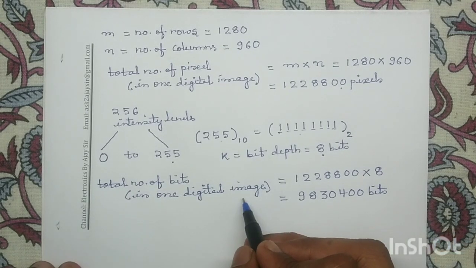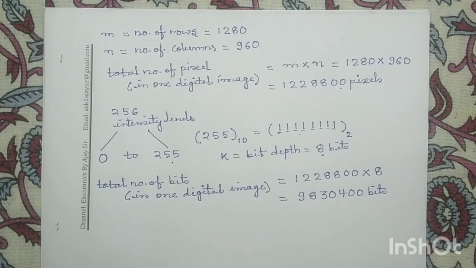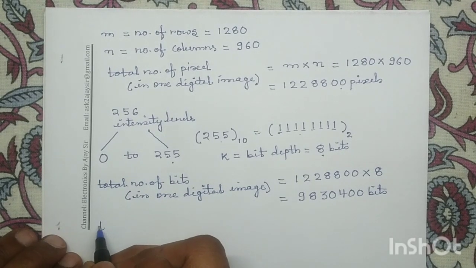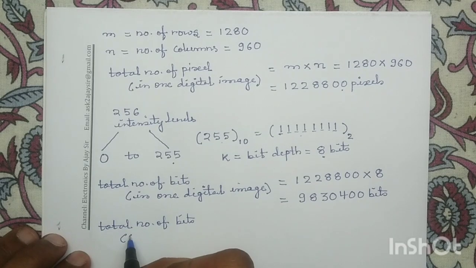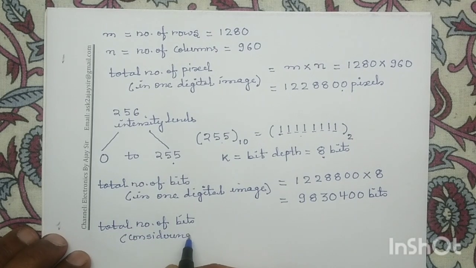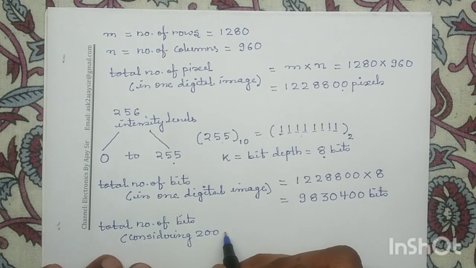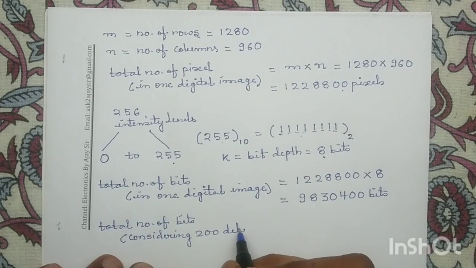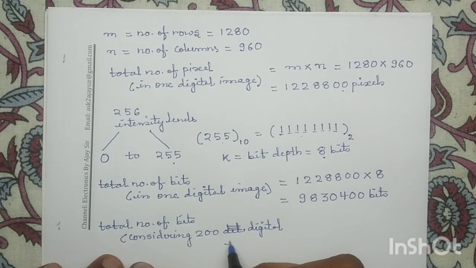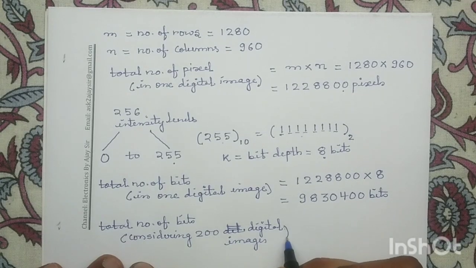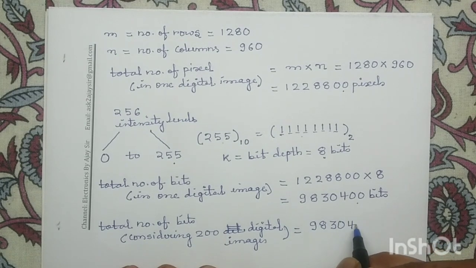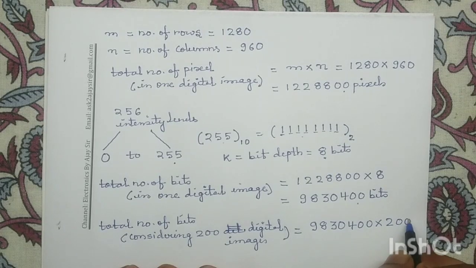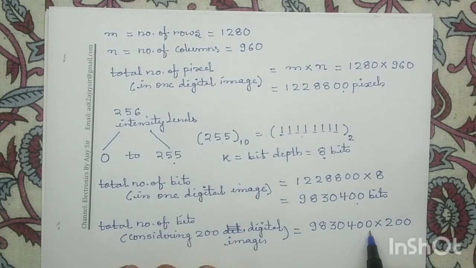So this is the size of a single digital input image, and we have 200 such digital images. So the total number of bits considering all 200 images is equal to the size of a single image multiplied by 200.